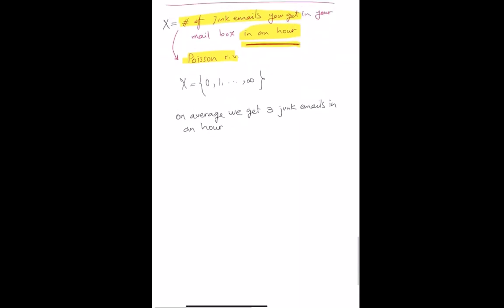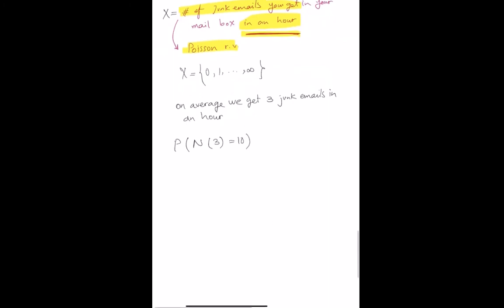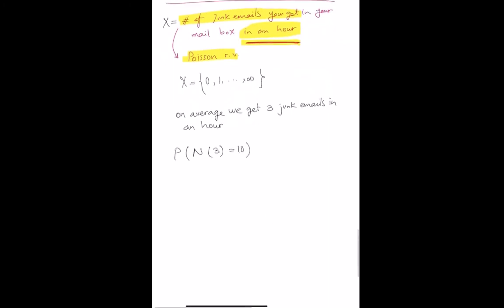Now I ask you, what is the probability that the number of junk emails that you get in 3 hours is 10? Okay, so this looks as if you have a new random variable right now. This new random variable looks at the number of junk emails in 3 hours.